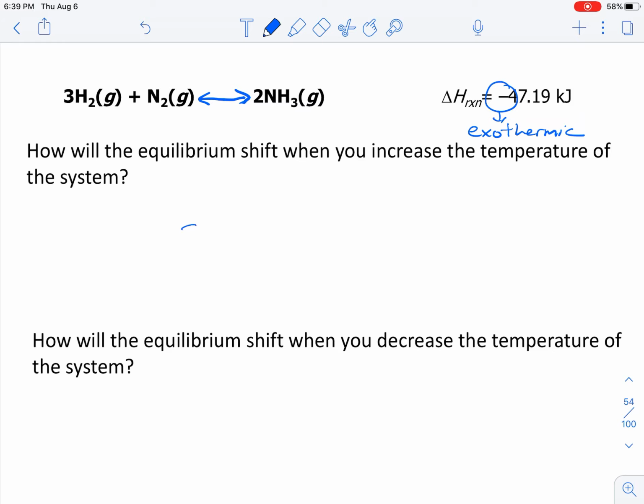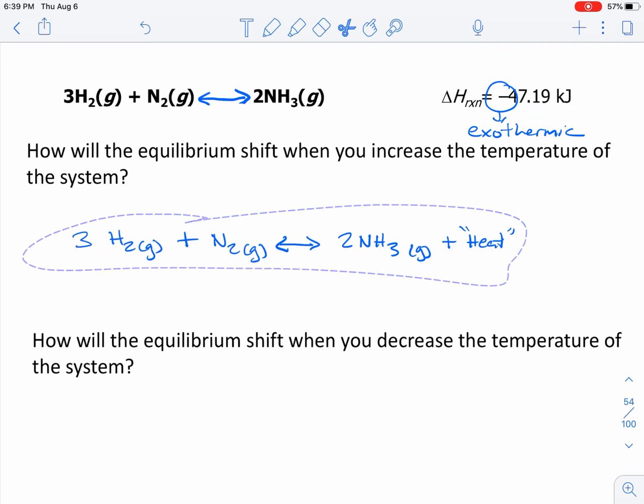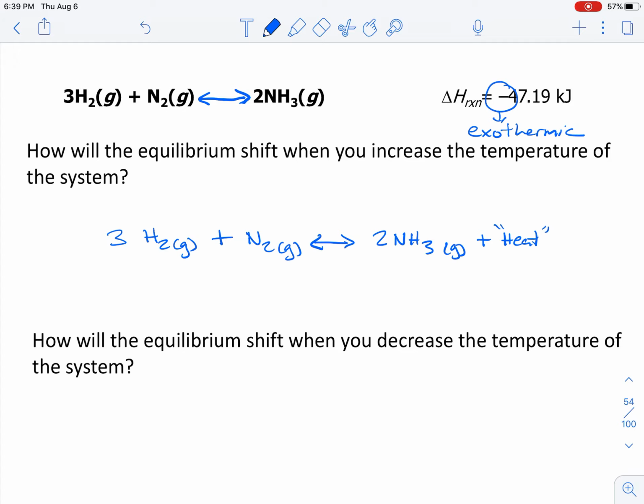And so now that we know it's an exothermic reaction, we're going to go ahead and rewrite the chemical equation to include heat as a product for this specific problem. Let me scoot this over a little bit more to the center. All right, cool.